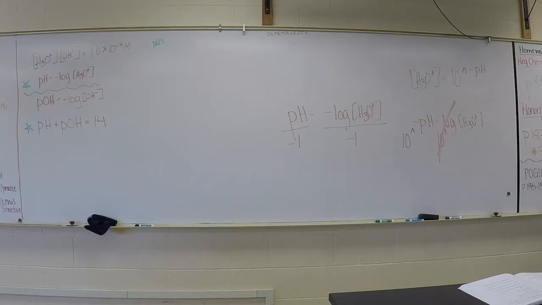So practice on your calculator. Let's say our pH was 7. Go second log, or wherever your anti-log is, to the negative 7th, and tell me what you get for your hydronium concentration. 1 times 10 to the negative 7th. All right. What about for a pH of 2.5?